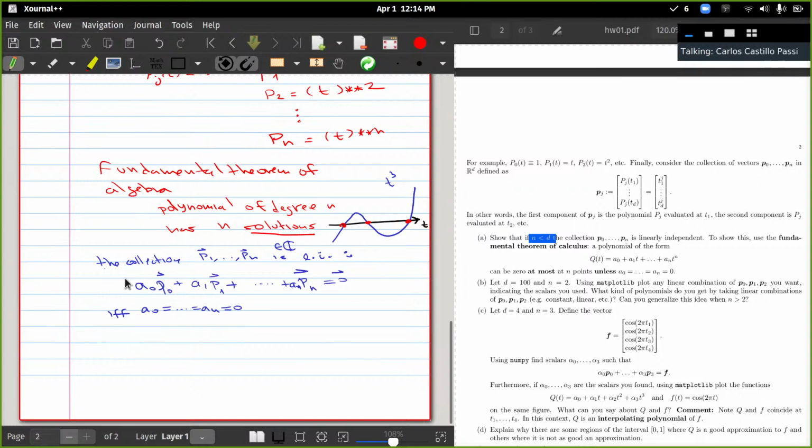So you need to think a little bit about how to relate this to this. Okay? It's not very far away from the answer, but I can't tell you a solution. But you need to start with this, and then see how you can apply this fundamental theorem of algebra to infer that the vectors are linearly independent.